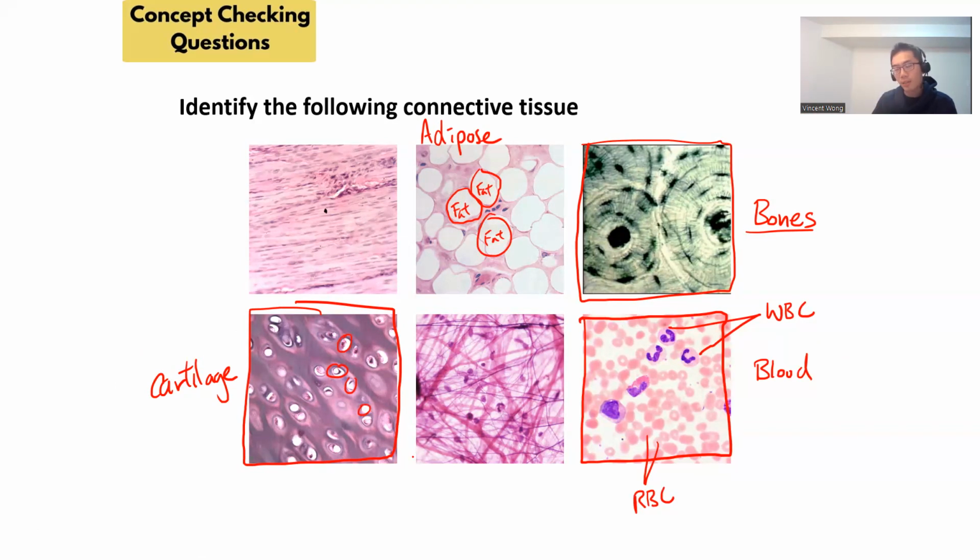I have a whole box of these in the lab at school. If you're doing the in-person lab, you'll be looking at them under the microscope. Okay, this one is loose connective. And this one is the opposite, which is dense connective.